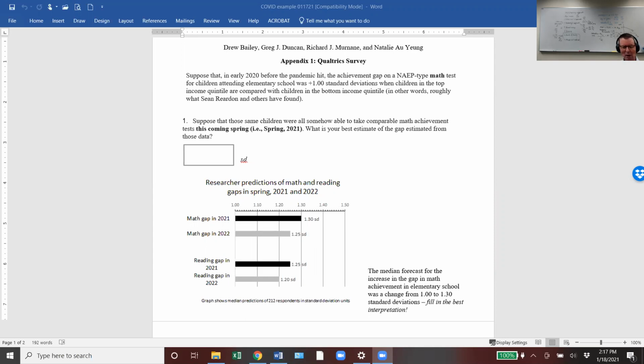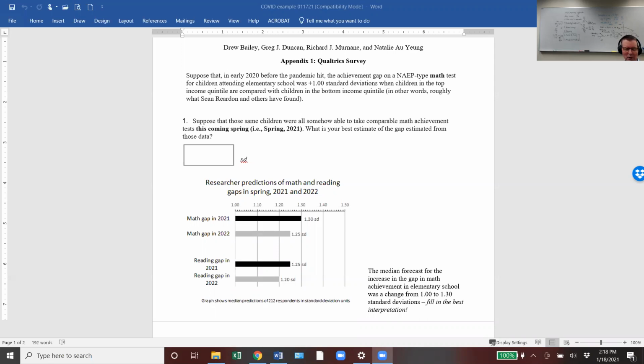People won't really know how much that's true until we've got reliable test scores. But we wanted to see what the economics or the education profession, economists as well as public policy people, as well as traditional education researchers, what their best guesses were about how much learning gaps between high and low income kids would increase as a result of the pandemic.